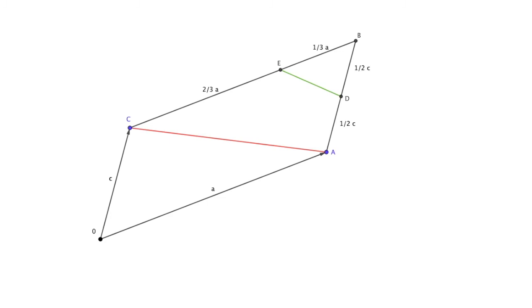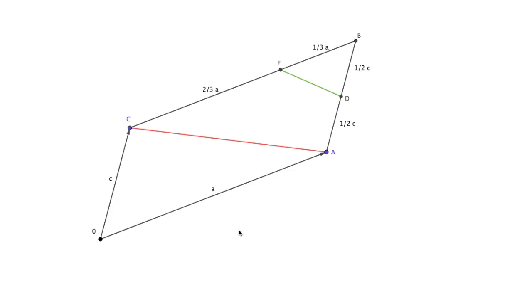The picture on the screen looks a bit like the diagram in the exam question, with a few additions following through the question. So we can see the line from A to C and from D to E as in part B, and we can see that they're not parallel. And they're not parallel for this A, and that should be bold, but never mind. That is A the vector, that is C the vector.